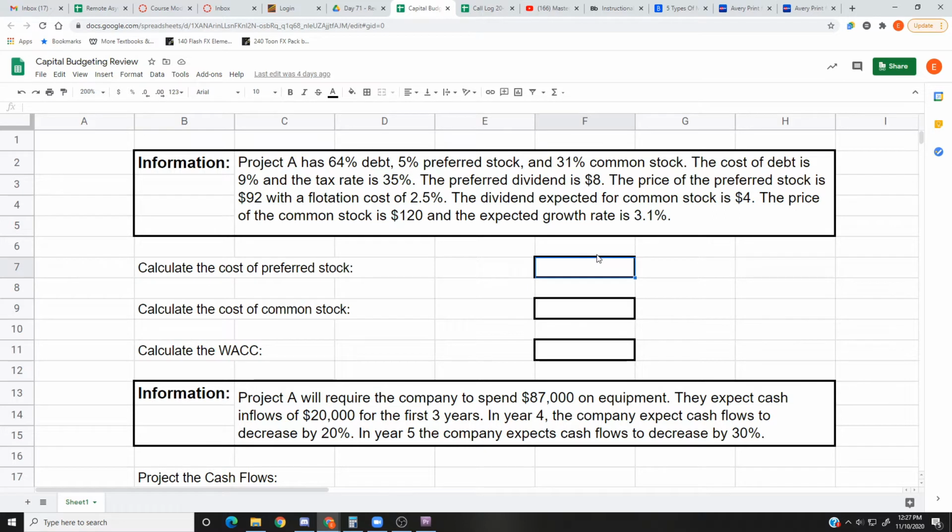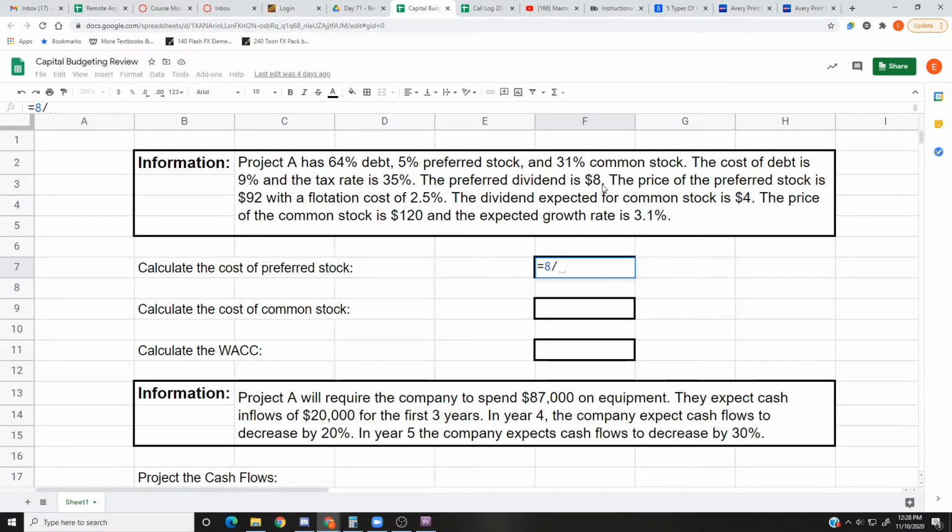So here we go. First, we're going to calculate the cost of preferred stock. So the way this works is we're going to take the dividend, which is $8 for the preferred dividend. So I'm going to press 8, and then I'm going to divide it by, and then we've got a couple things going on here. Now, if I type this in wrong, I'm going to get the wrong answer. You got to make sure you do things in order. So I'm going to show you how you have to type this in to get this right.